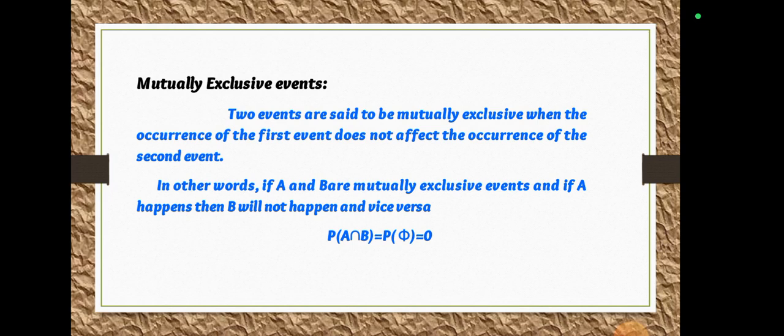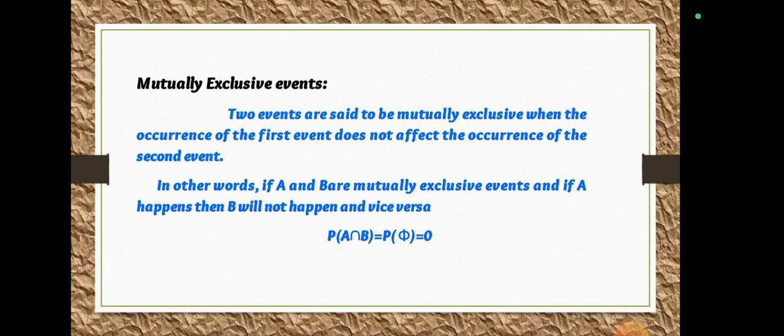Next, mutually exclusive events. Two events are said to be mutually exclusive when the occurrence of the first event excludes the occurrence of the second event. In other words, if A and B are mutually exclusive events and if A happens, then B will not happen, and vice versa. The probability of A intersection B is equal to P of phi, that is equal to 0. That means, tossing a single coin, we get head or tail.